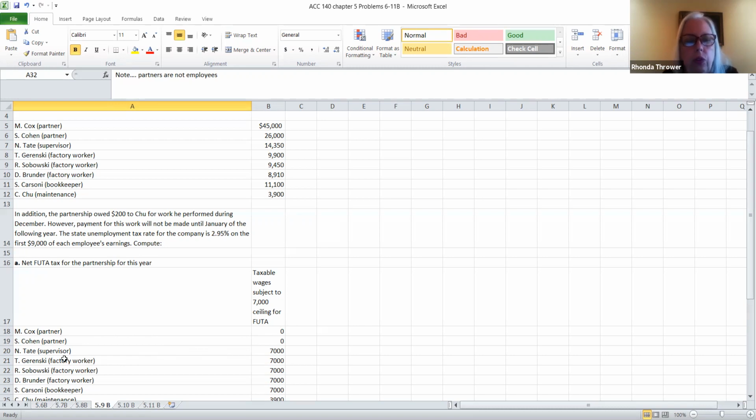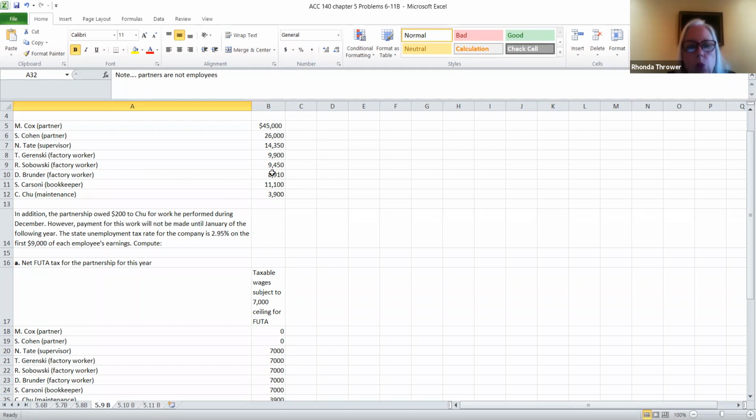But Tate, who is a supervisor, his wages are subject to FUTA, but the base is $7,000. So only $7,000 of his first wages that are paid are subject to FUTA. The same is true for Gorinsky, because they were paid more than the $7,000, only $7,000 is subject to the FUTA taxes.